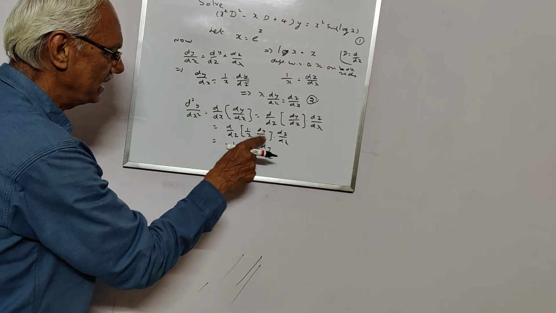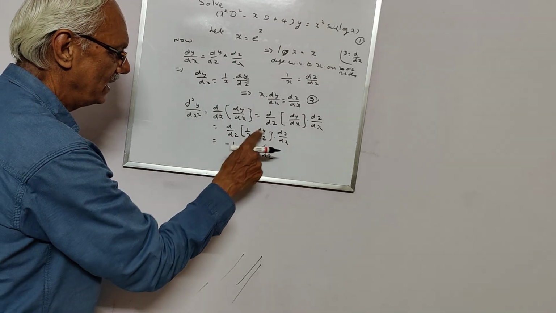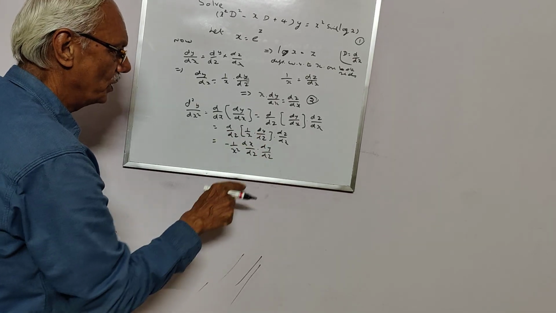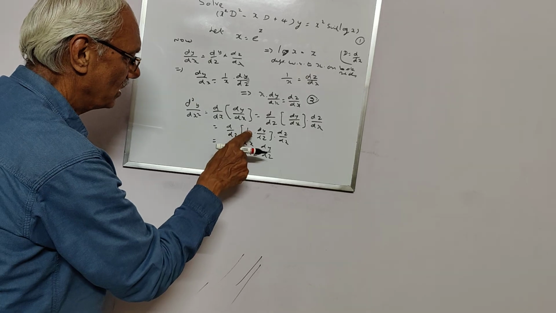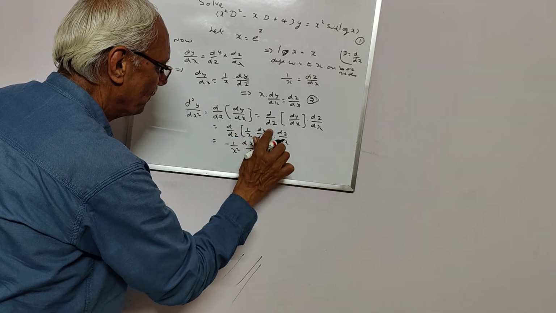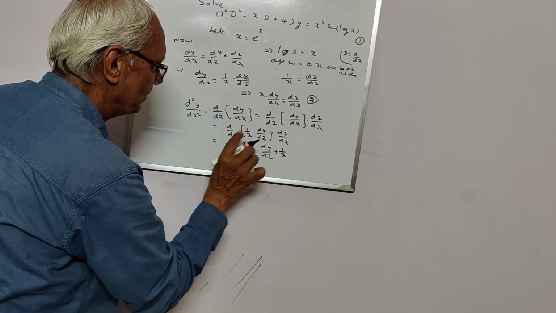Differentiate 1 by x with respect to z, keeping dy by dz as it is, and plus 1 by x into differentiate dy by dz with respect to z.